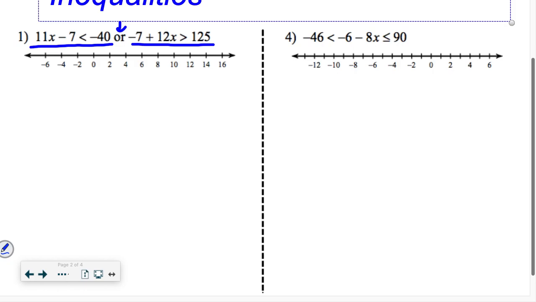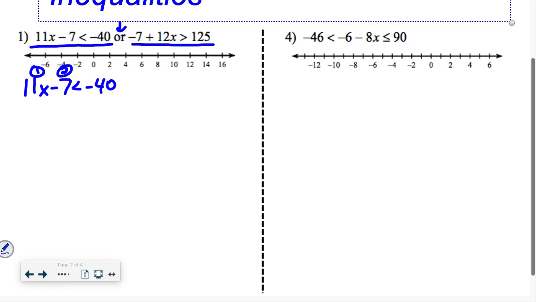In order to find those, we're going to take each inequality and solve them separately. Just like we did yesterday, I'm going to show 11x minus 7 is less than negative 40. We look at what is the story of x. What are the operations that happen? So x is being multiplied by 11 and then subtracted by 7. Therefore, I'm going to get rid of the subtraction as my first step and then do division as my second step.